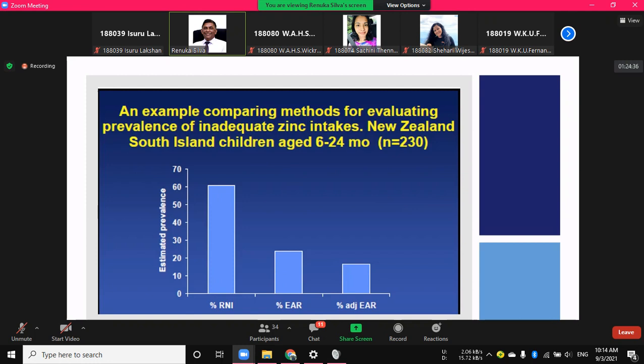They selected 230 children between age 6 to 24 months, and their zinc intakes were calculated, and then they found that 60% of the population get RNI, and another 25% eat EAR.